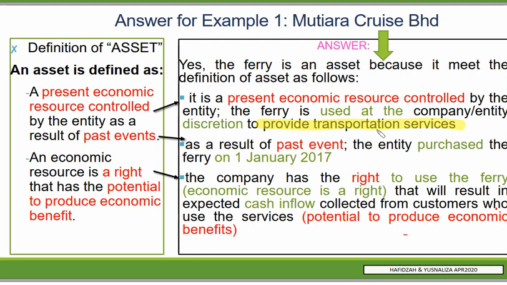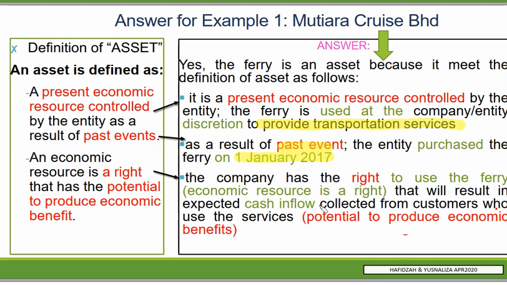So you have control over that ferry. As a result, it is a present economic resource controlled by the entity as a result of a past event, since you purchased the ferry on 1st January X7. So you have met the first part of the definition. What about the second one? The company has the right to use the ferry, which will result in expected cash inflow. How do you know?